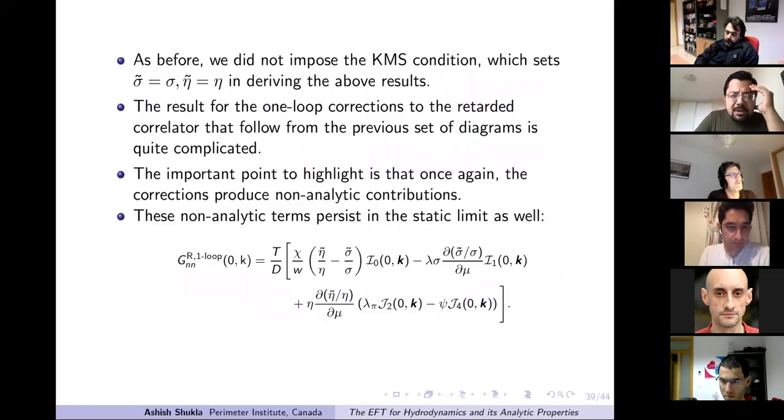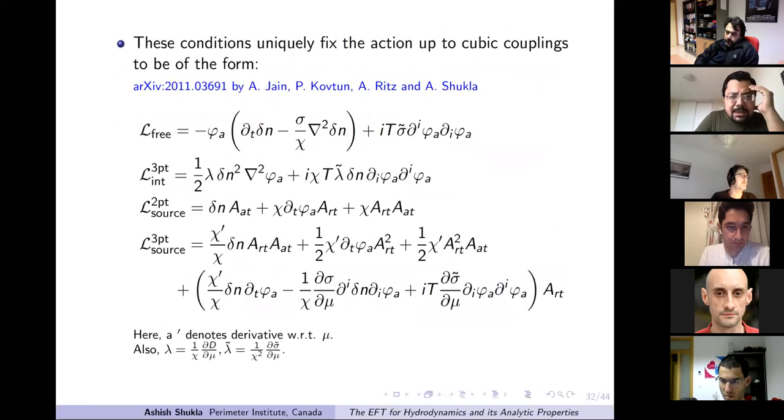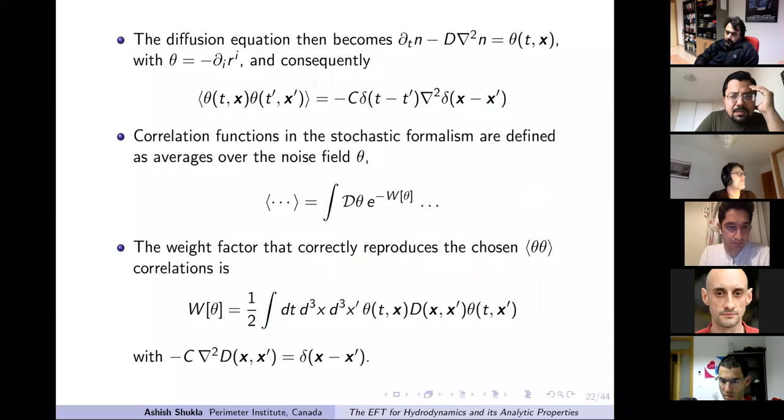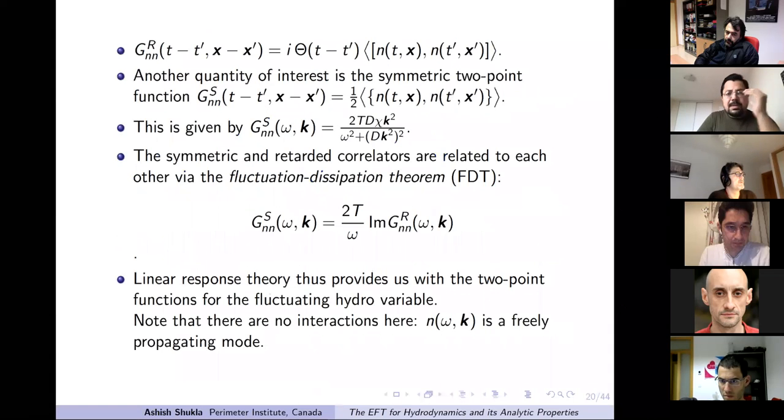One thing I also try to point out is that I think you are talking about this relation. I understand that what you say is not true anymore, because the left-hand side would have non-analyticities in the static limit, right? Right, the left-hand side actually has non-analyticities, but this relation is valid only in the hydrodynamic limit, where omega is very, very small.